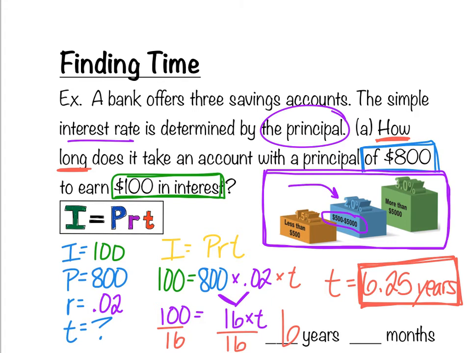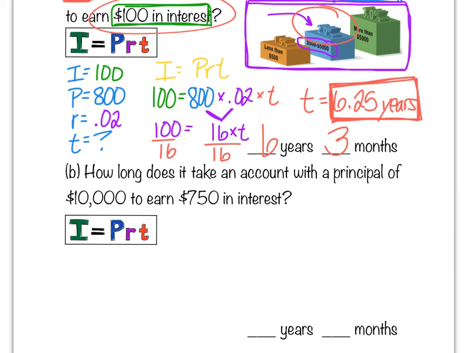So that is the same as 6 years and 3 months. 6.25 years would be 6 years and 3 months. That's how long it would take us to earn $100 in interest. So quite a bit of time, but we also didn't put that much money in the bank, and our interest rate is only 2%. So it takes us quite a bit of time to earn $100 in interest.